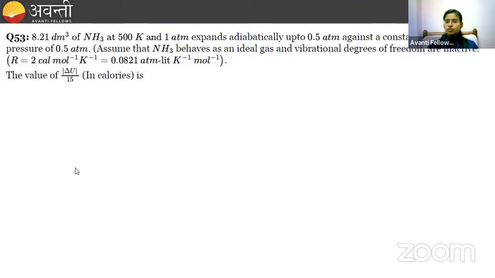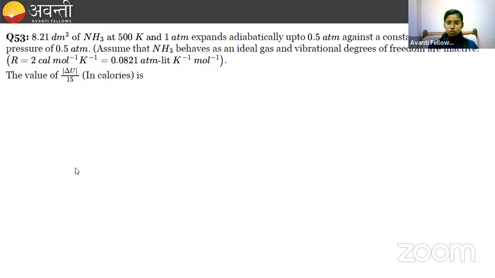And we have to assume that NH3 behaves as an ideal gas and vibrational degrees of freedom are inactive. The R value is given in terms of calorie per mole per Kelvin and in terms of atmosphere liter per mole per Kelvin. We need to find out the value of modulus of delta U divided by 15 in calories.